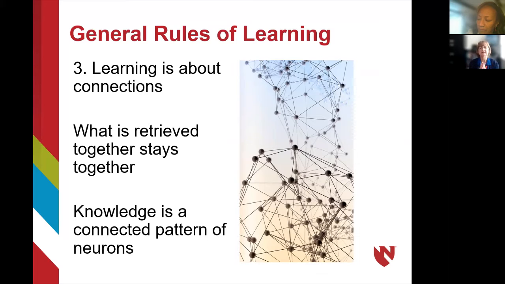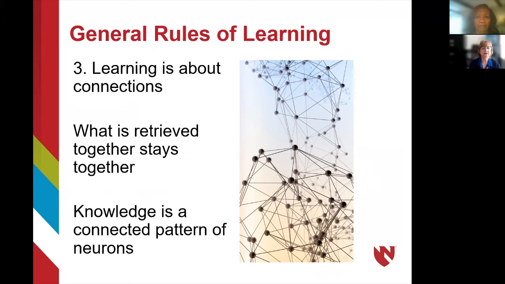When we retrieve something and incorporate prior knowledge with new knowledge, those neurons fire together and they will always fire together. That's how we build the intense amounts of information that I have in my one learning unit for Staph aureus.